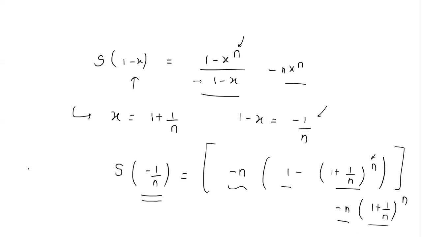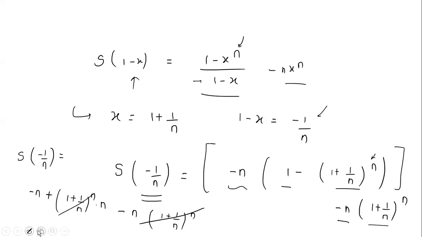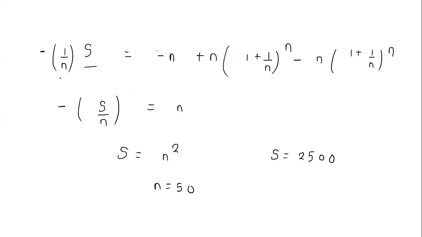Now if you simplify this, it becomes S times minus 1/n is equal to minus n times (1 plus 1/n) power n, multiplied by n, and minus n times (1 plus 1/n) power n. So this term and this term will cancel, and you can see that S times minus 1/n is simply equal to minus n.